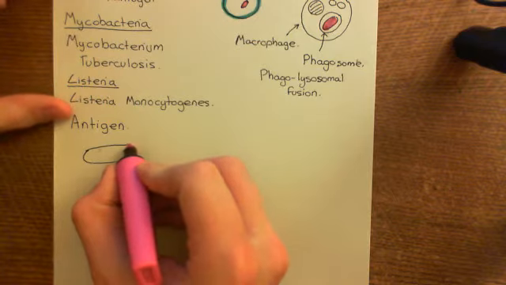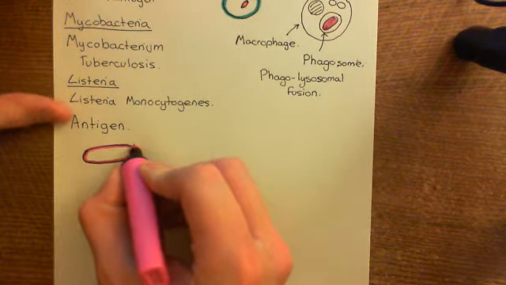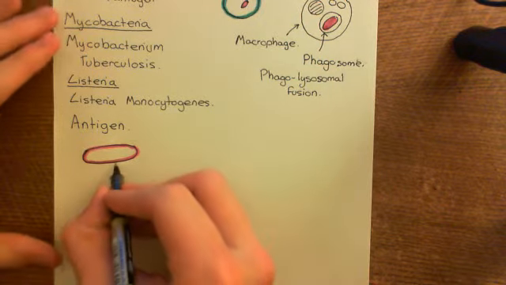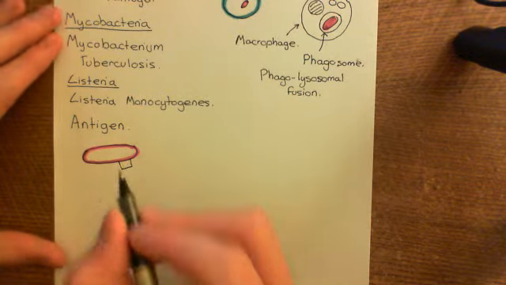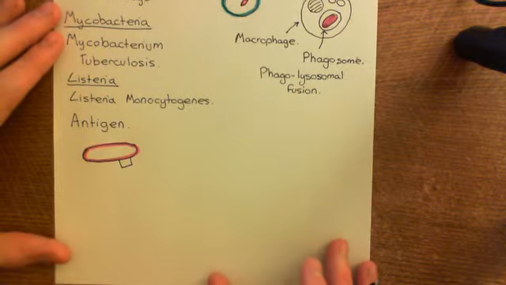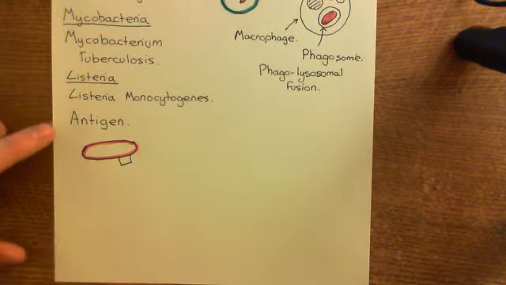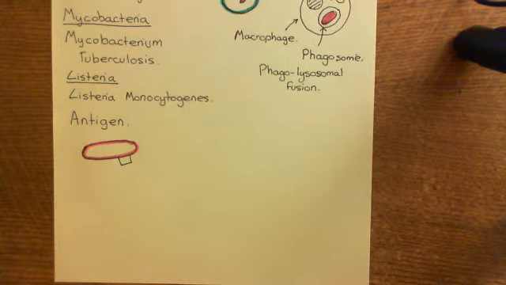Here is our pathogen again, in pink, and basically it will be covered in a whole bunch of proteins which are very different from any protein that would ever be put on a healthy, normal human cell. This is very important: antigens are also proteins that human cells would never ever make. So the target for the humoral adaptive immune response is going to be these antigens.